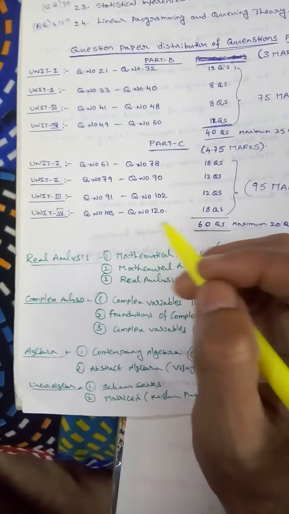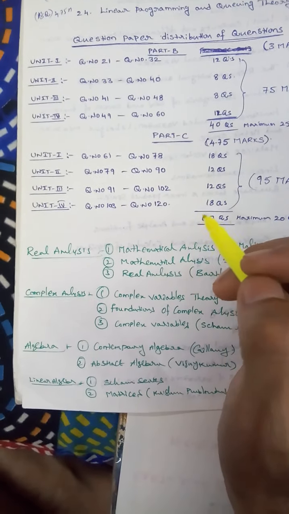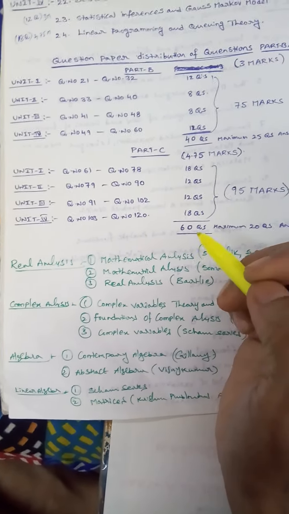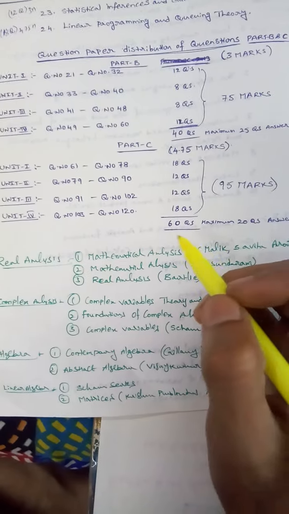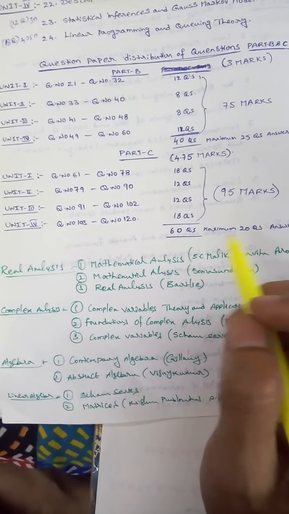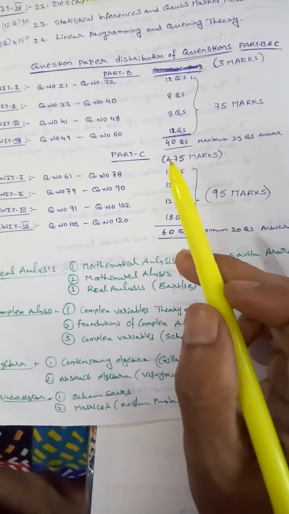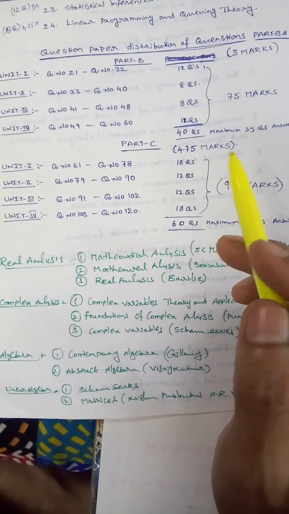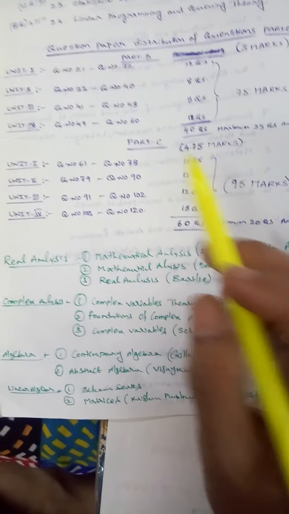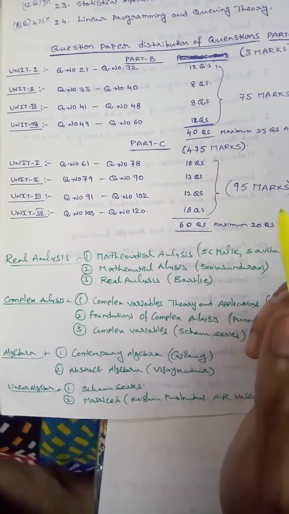Unit 4 is probability and statistics. The total number of questions is 60. From Part C, out of 60 questions we have to answer a maximum of 20 questions. Each question carries 4.75 marks, so the total marks awarded for Part C is 95 marks.